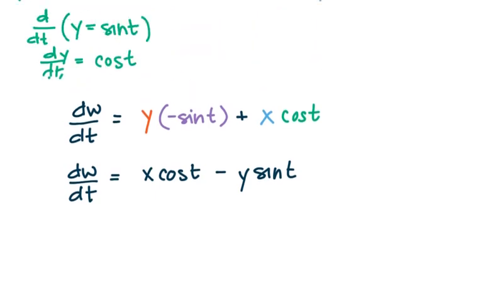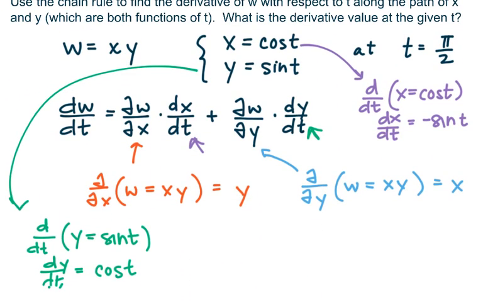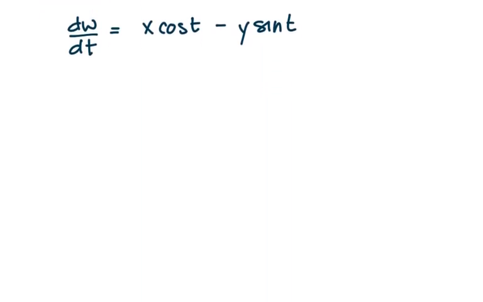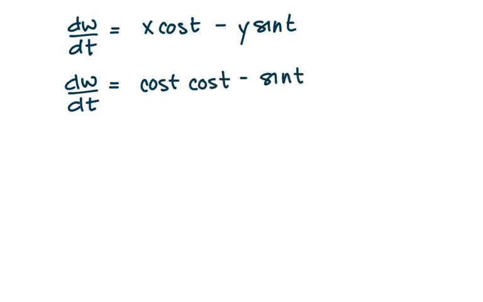So we go back up to what was originally given. X is cosine t, y is sine of t. So the derivative of w with respect to t is cosine t times cosine t minus sine t times sine t, plugging those in for x and y.